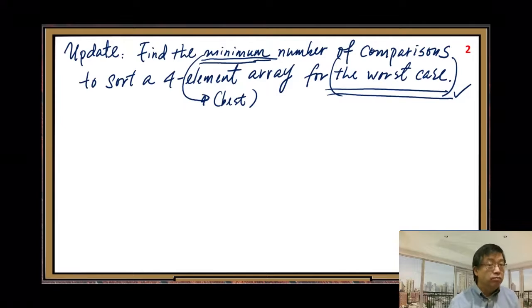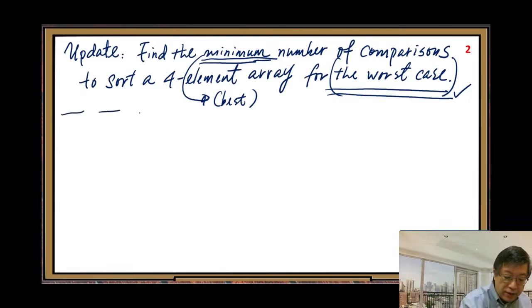So even if it is not written explicitly, you should know to target the worst case, best solution. Here I spent a lot of time to explain that. Next, the solution.